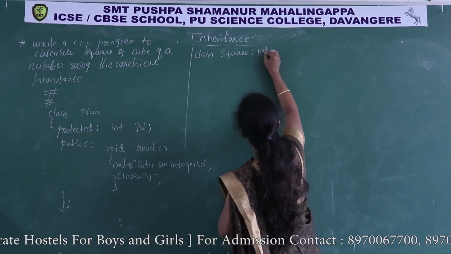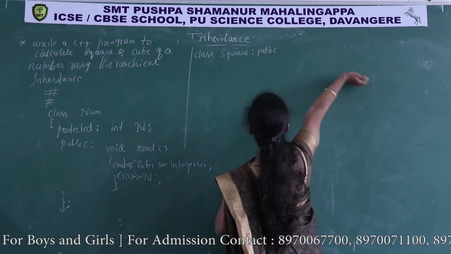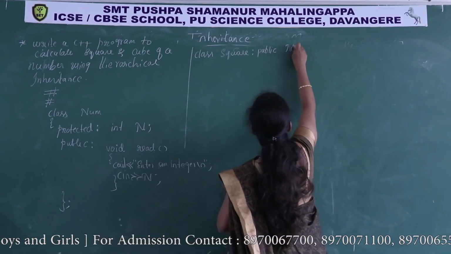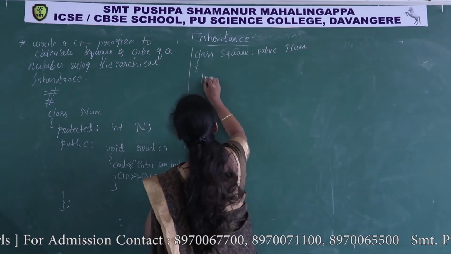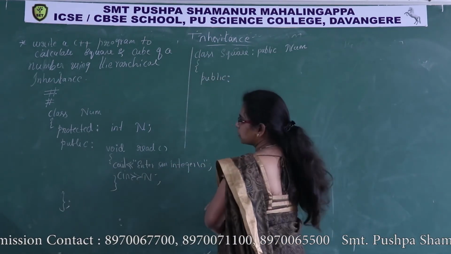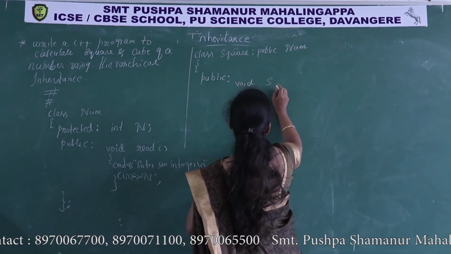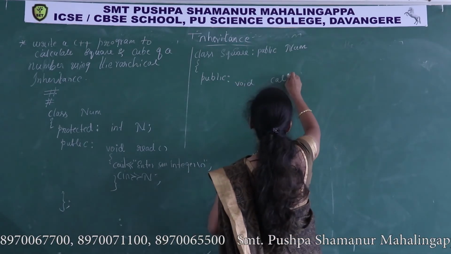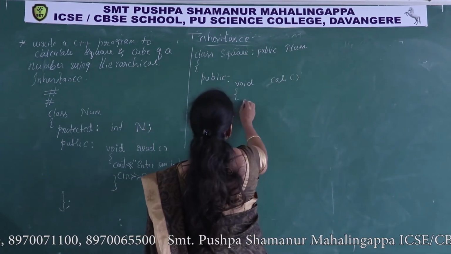Public, base class name is num. In the public section, I have to calculate square here. Void, I'll take cal, cout.